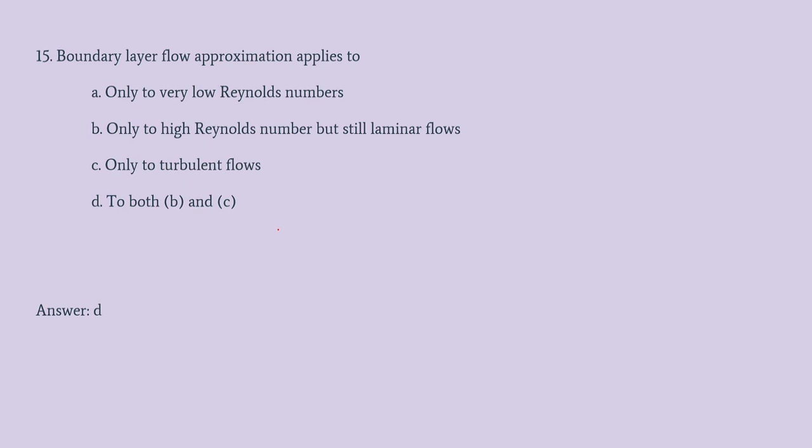So the boundary layer properties should be approximated in turbulent flows, and also in high Reynolds number laminar flows. Options B and C are both relevant. Then the option becomes D.